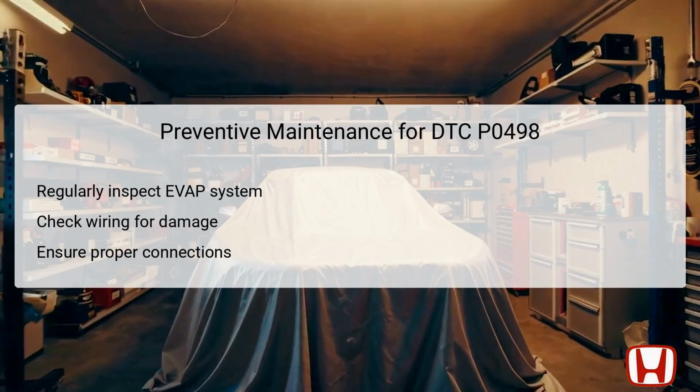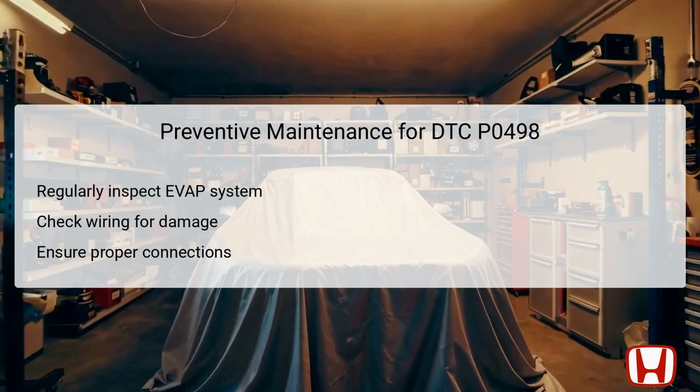To prevent future occurrences of DTC P0498, performing regular preventive maintenance is essential. It is advisable to inspect the entire EVAP system periodically to confirm its integrity. During the inspection, check wiring for any signs of wear, corrosion, or damage that could potentially disrupt the electrical connections.